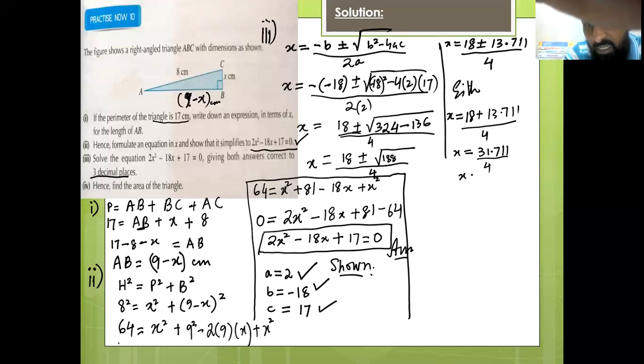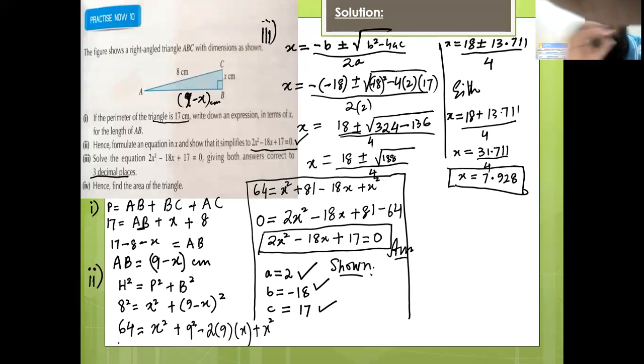So finally we have x equals 7.928. That's the first answer, dear students.